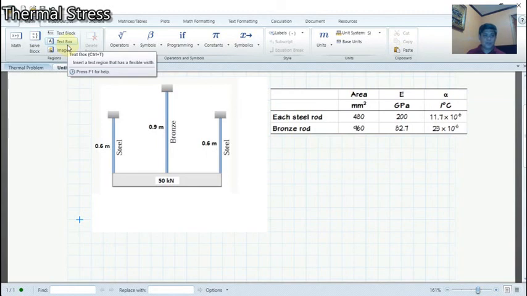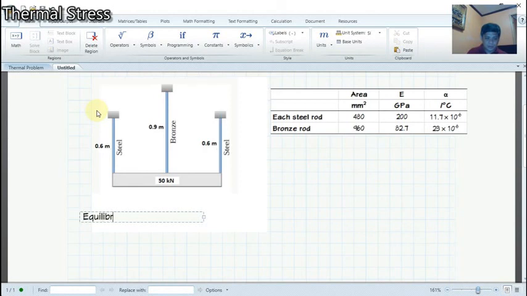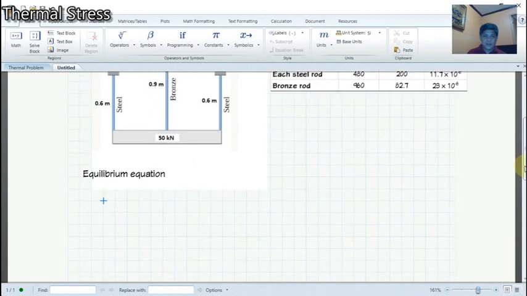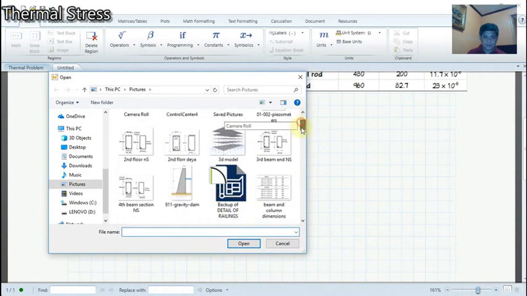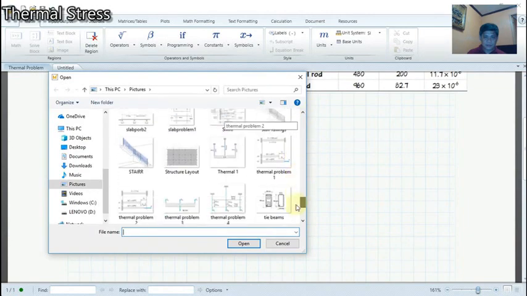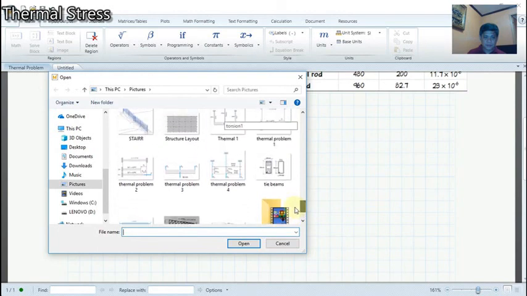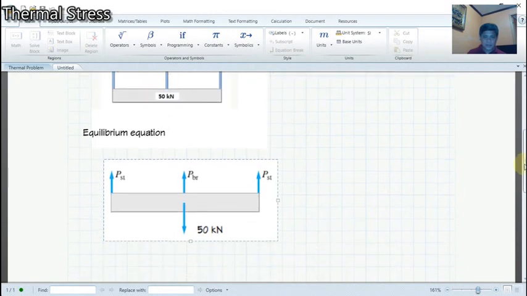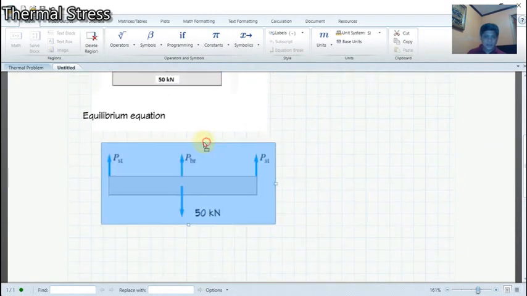So we need to write the equilibrium equation, and we can do this by extracting the free-body diagram from the figure. Okay, so we have here the free-body diagram.